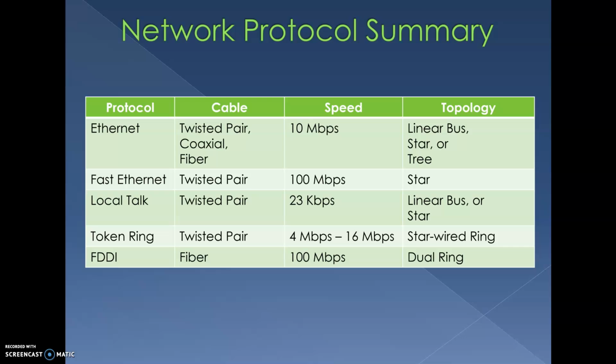LocalTalk is going to use twisted pair for its cable, 230 kilobits per second, linear bus or star topology. Your Token Ring is going to use twisted pair cable, and you can see the speed listed on the screen, 4 megabytes to 16 megabytes, and a star wired ring for topology. Your FDDI is going to use fiber cable, 100 megabytes per second, and uses dual ring for its topology.